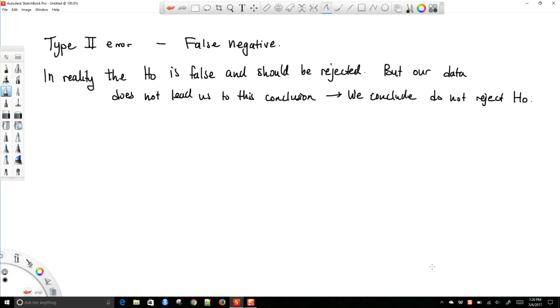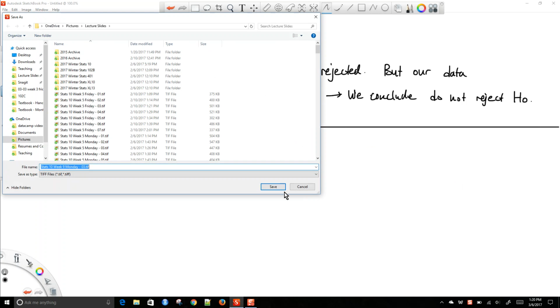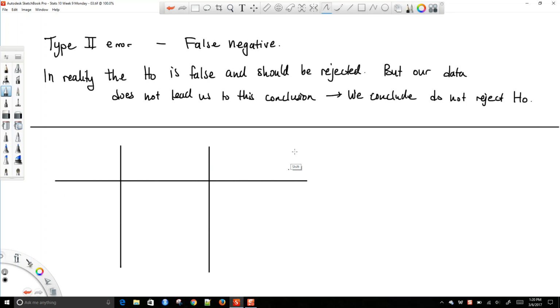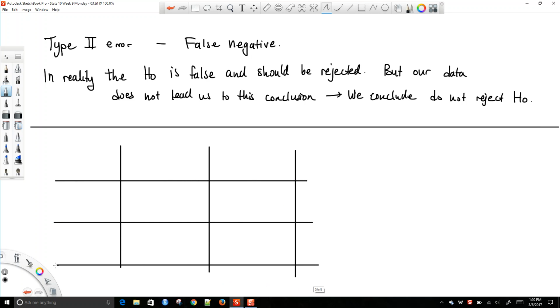All right, so let me make a little table of the reality and the outcomes, and I don't remember how the textbook does it, so if my chart looks different from the textbook, I apologize. Okay, so up here we'll put the reality.